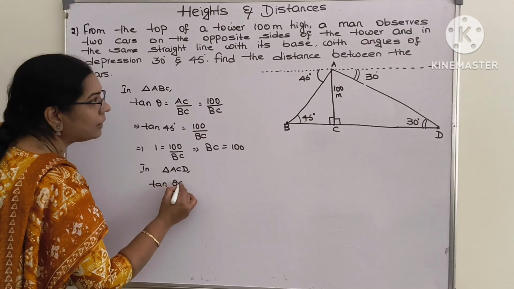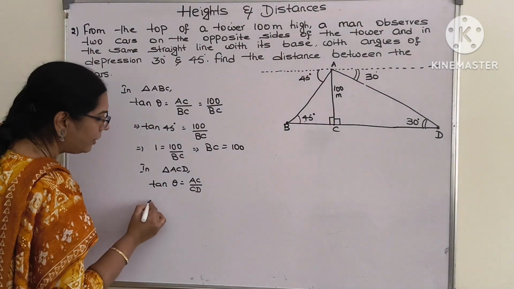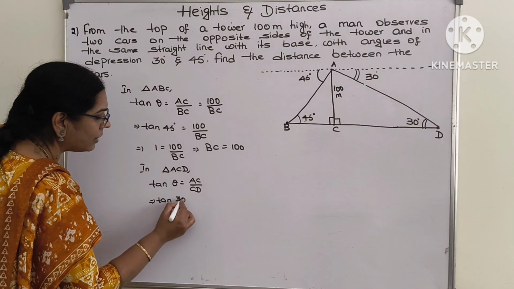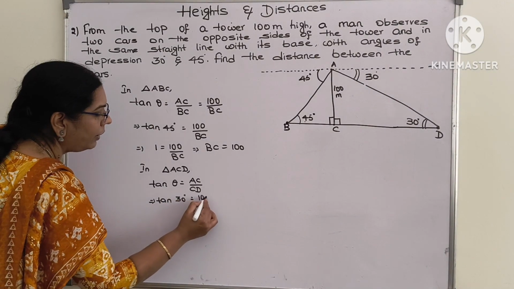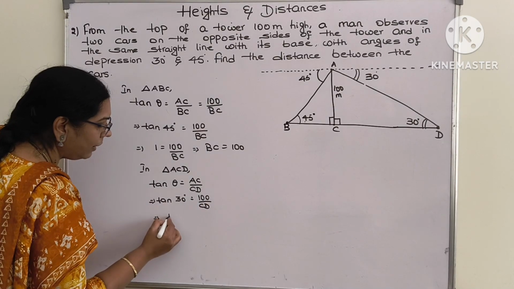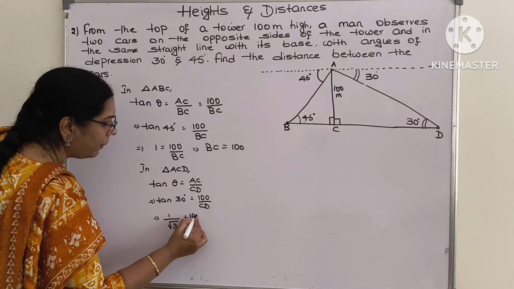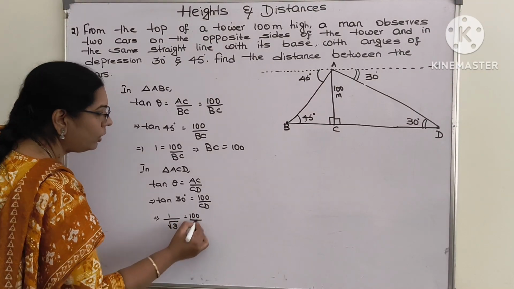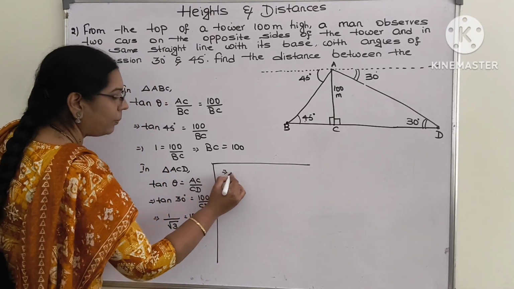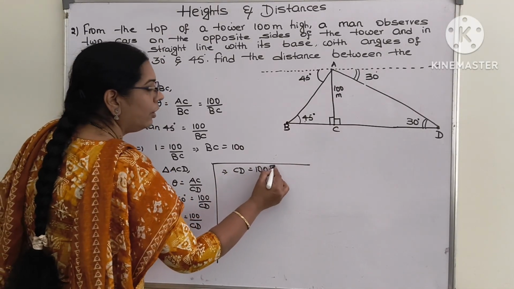Tan theta is equal to AC by CD, and theta here is 30 degrees. So tan 30 degrees is equal to 100 by CD. What is tan 30? 1 by root 3 is equal to 100 by CD. Do the cross multiplication. Then CD will be 100 root 3.